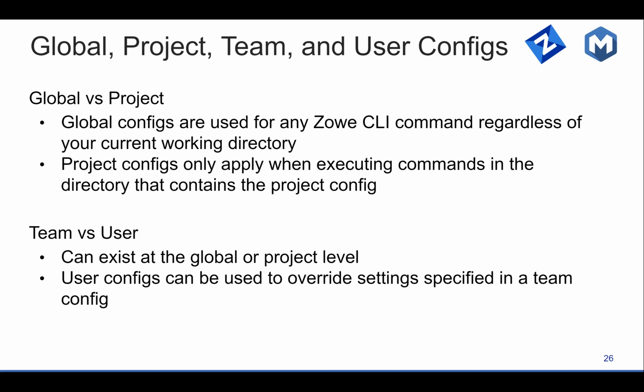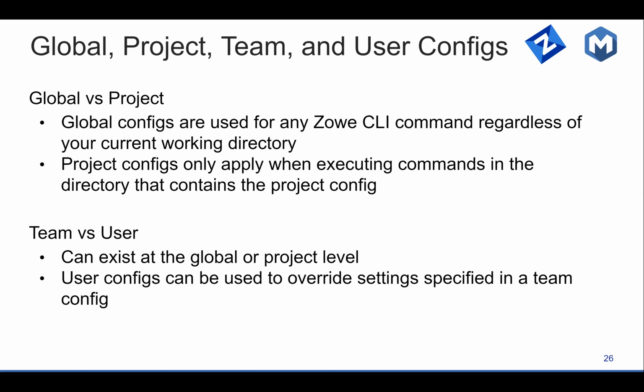I think what most users are familiar with is a global team config, and that file exists in the .zowe home directory, and that applies anywhere you run Zowe CLI, or it applies to any workspace you might open in VS Code.